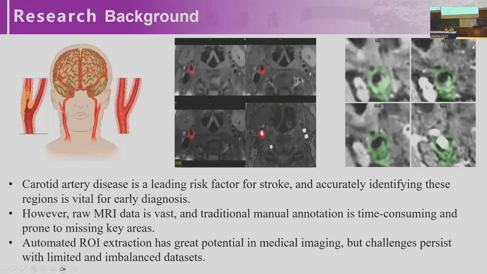And this image is the ROI containing the plaque, cropped from the whole raw images by our localization pipeline.